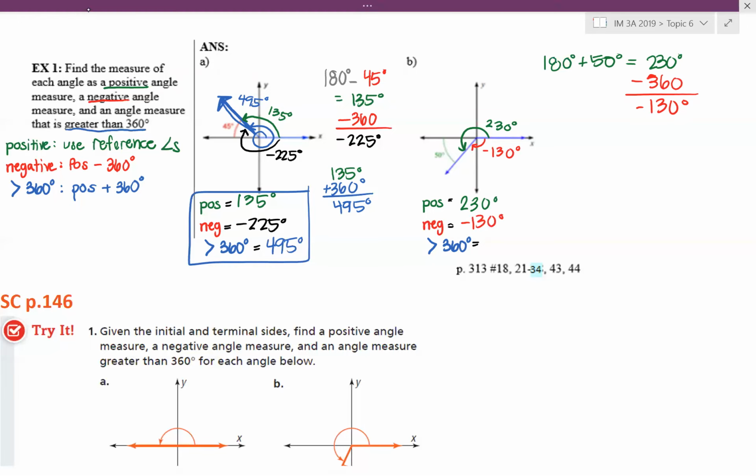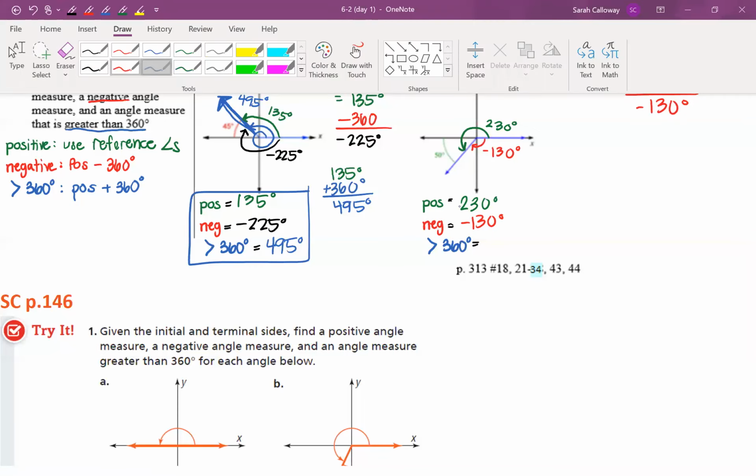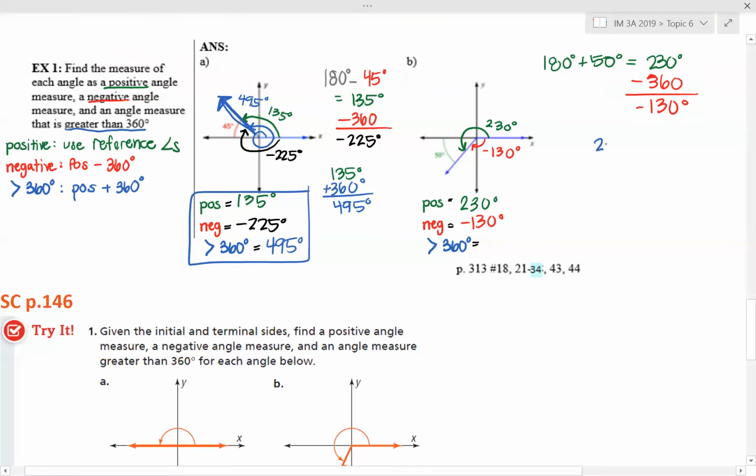And then finally, to get the angle that is greater than 360, I'm taking my positive angle, which is 230, and I'm adding 360 degrees. And so that's going to give me 590 degrees as my angle that is coterminal to those other two, but also greater than 360.